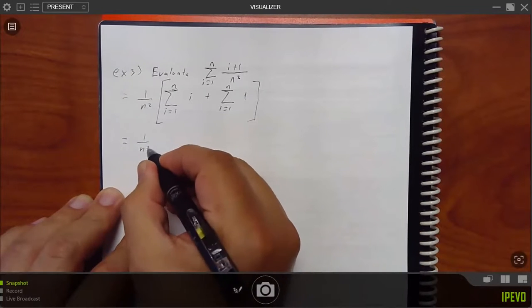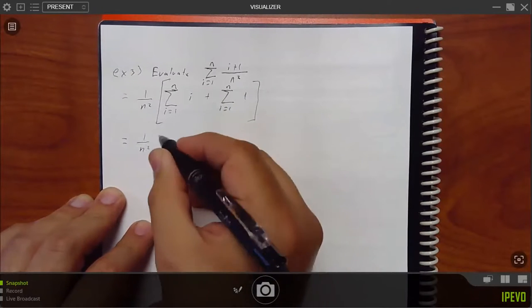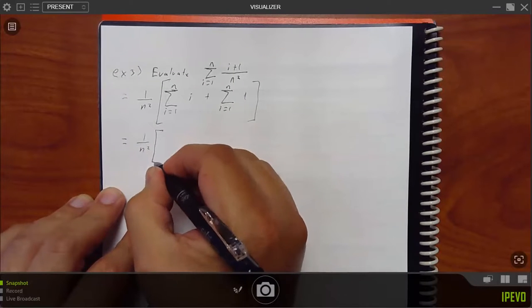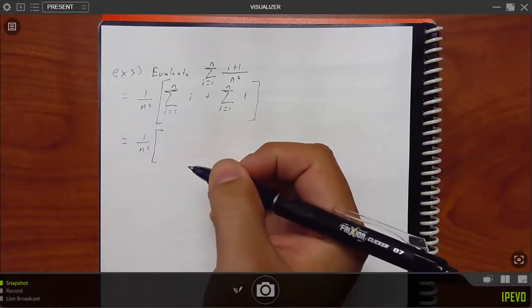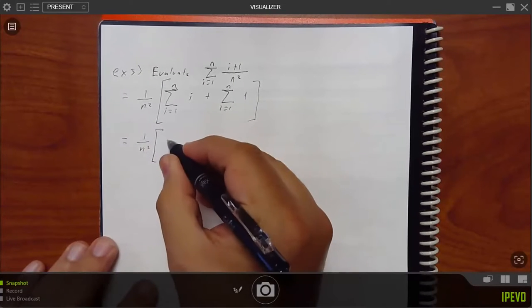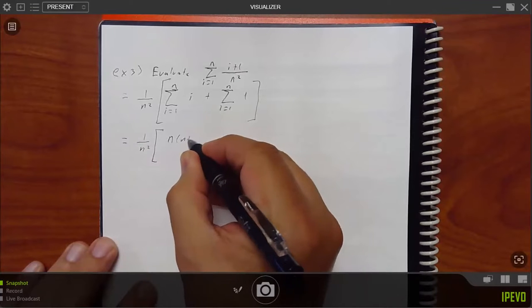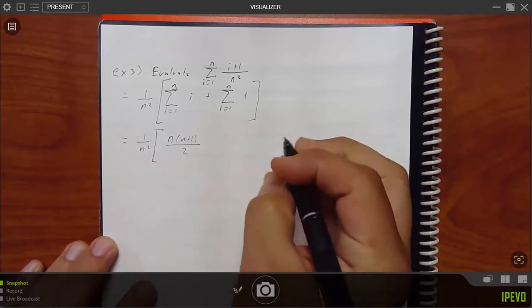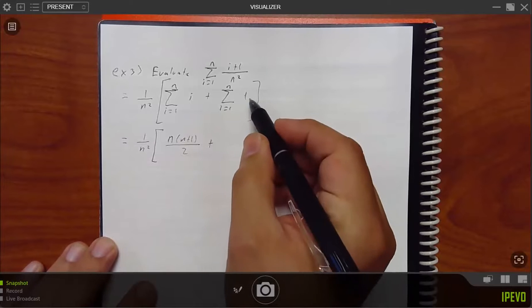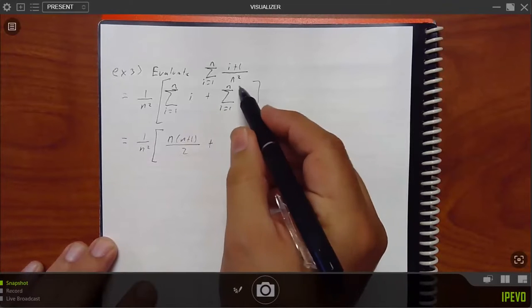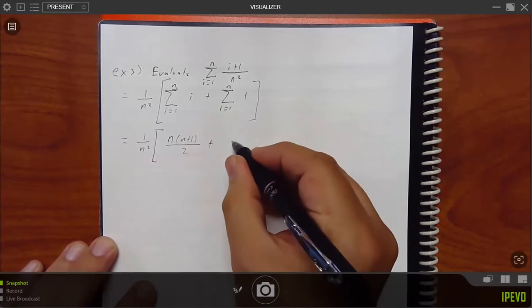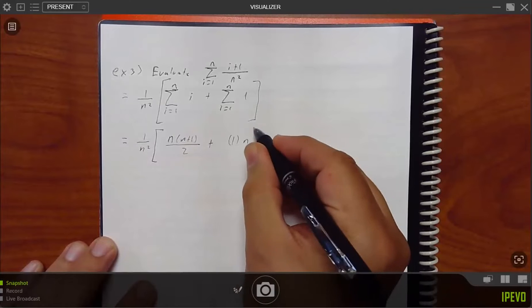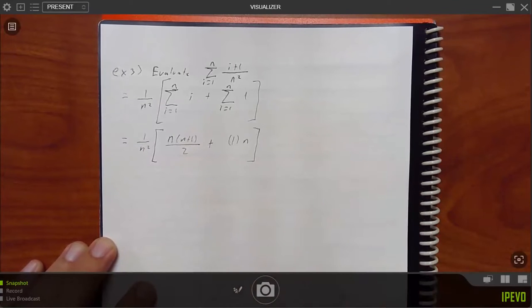The sum from i to n of i would be, see what the formula says, n times n plus 1 over 2, plus the sum of 1 to n would be just 1 times n, right? Cn.